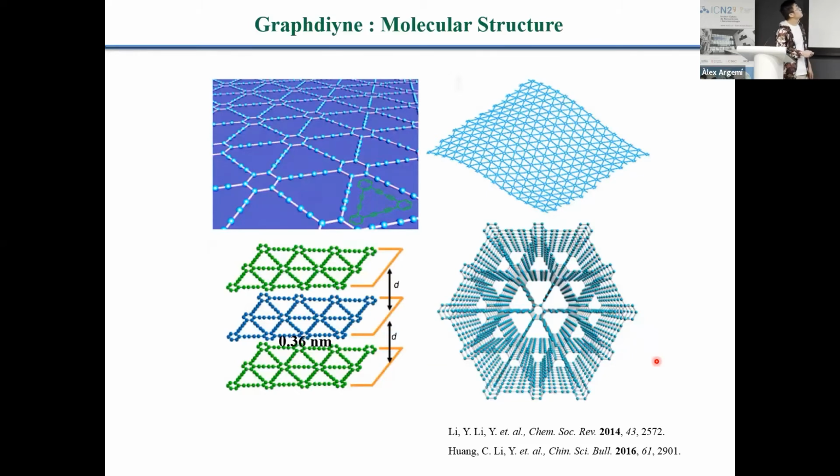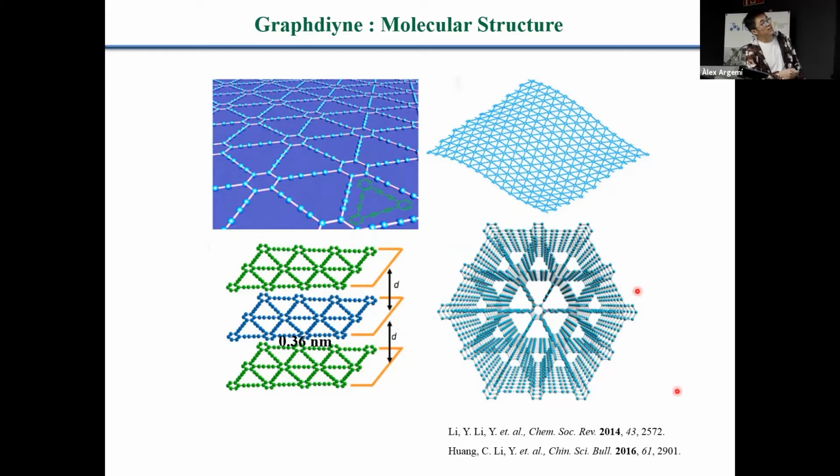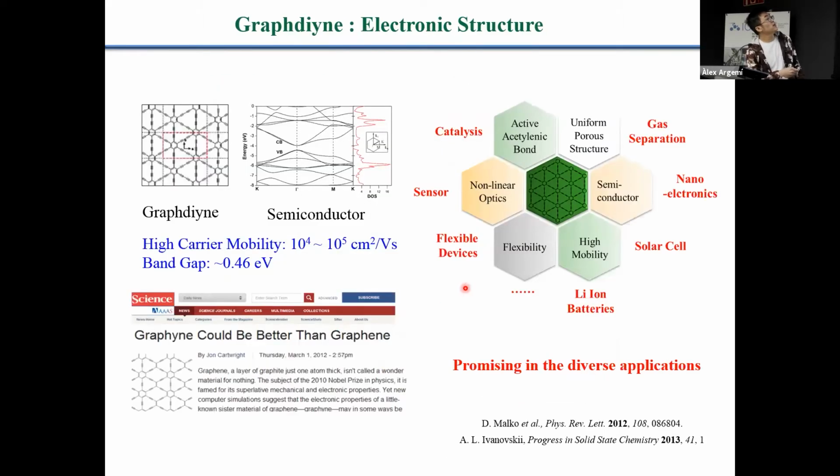This is also graphdiyne's molecular structure. This is the planar structure, and this is the three-dimensional structure. We can see the uniform pores, and this is the layer space. Graphdiyne also has a lot of promising electronic properties.